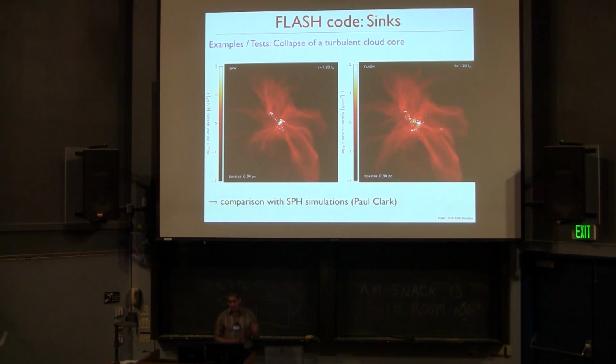Whereas in the Flash code, you get a little bit more structure in the low density regions. So that tells us that with this particular resolution, at least, the SPH simulation is a bit more diffusive. Hence, it also collapses a little bit further.